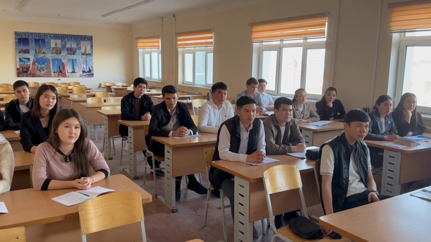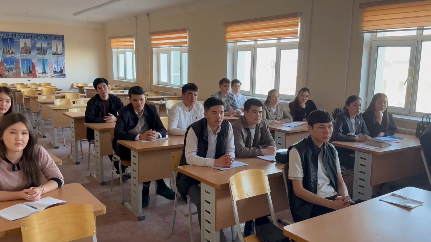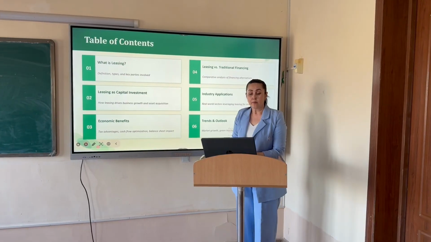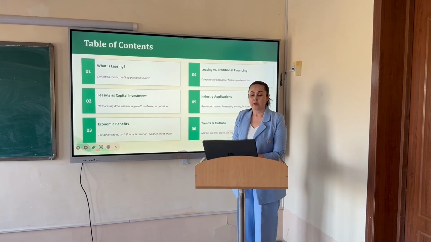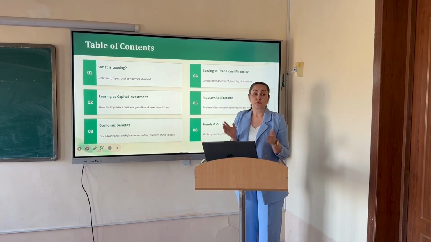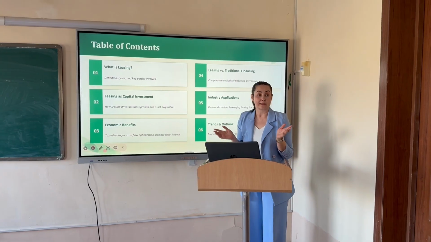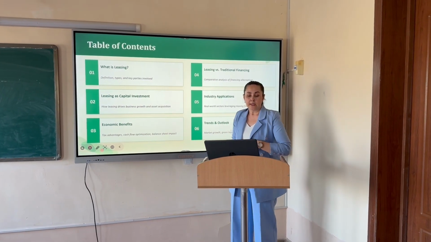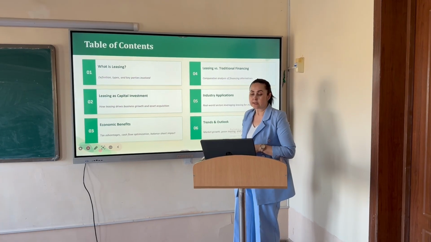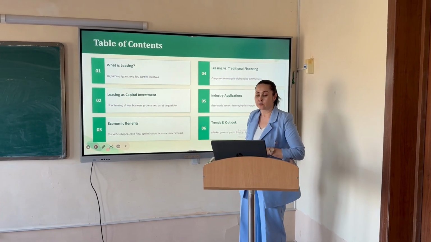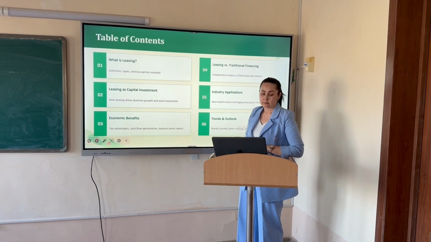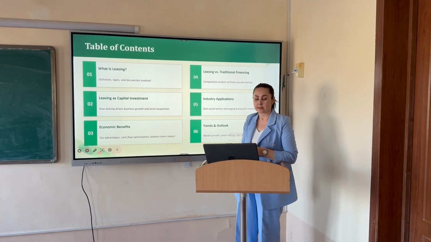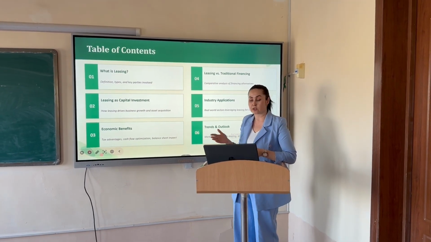Why is leasing an investment activity? When we say investment, most people think of something else, but investment is really about using money today to create more money tomorrow. Leasing is an investment activity because, first, it preserves capital. Instead of spending $1 million to buy a machine, the company pays $10,000 a month. The company invests the rest of the money.